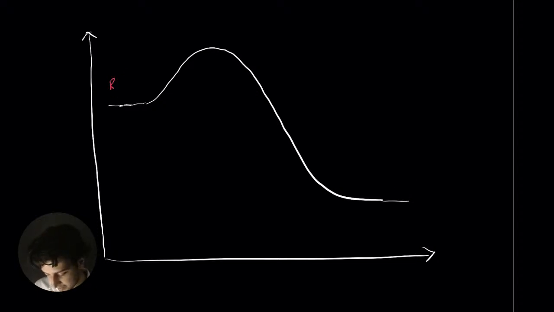I have my reactants over here. I have my products over here. Right? And when I introduce a catalyst to the same chemical reaction, what ends up happening is it lowers the activation energy for this chemical reaction.